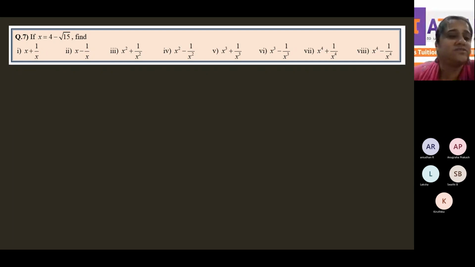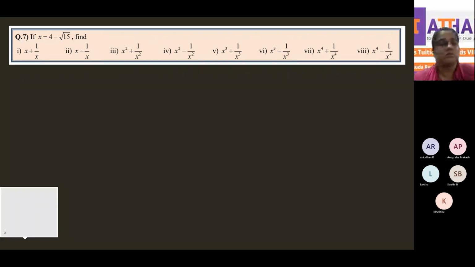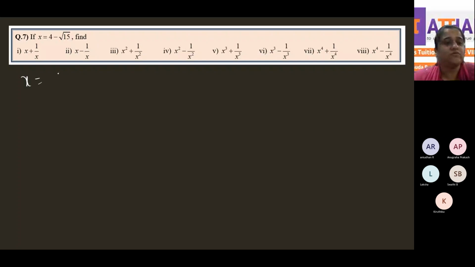So here, if x is equal to 4 minus root 15, find x plus 1 by x. X is equal to 4 minus root 15. So then what will be 1 by x, children? 1 by 4 minus root 15.